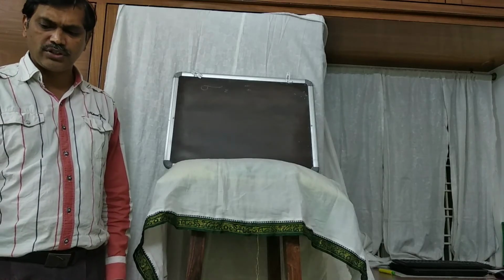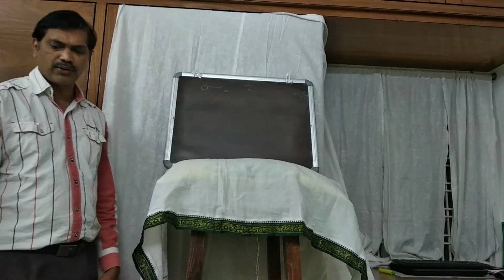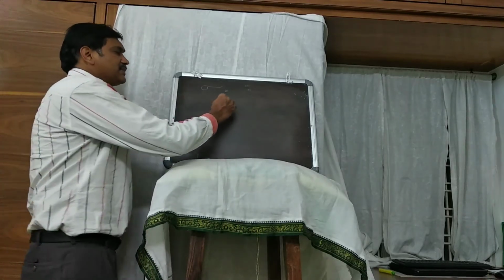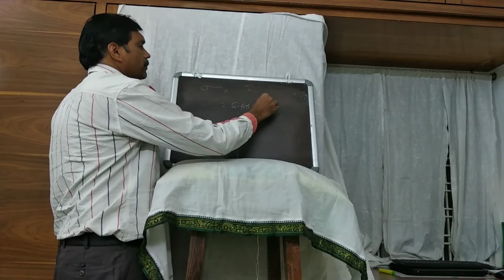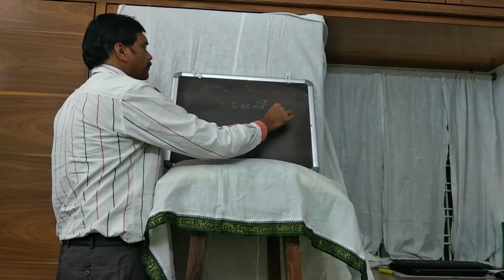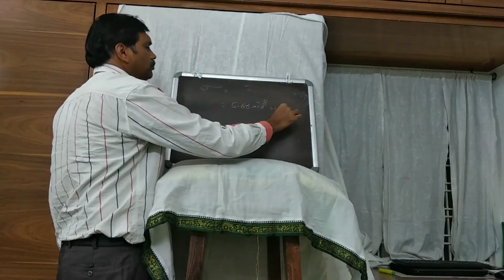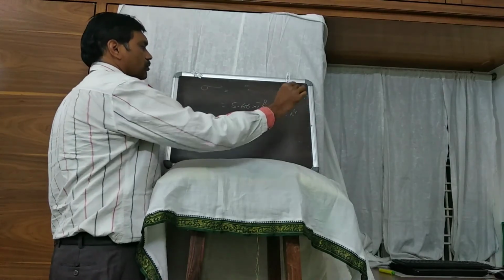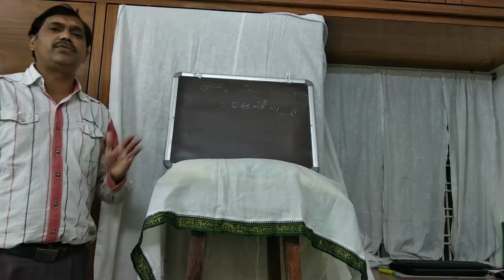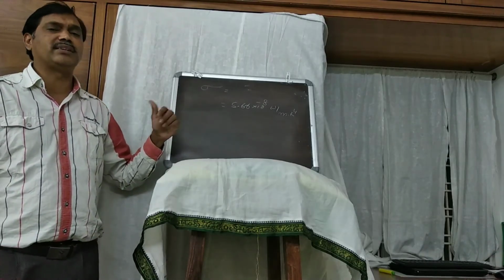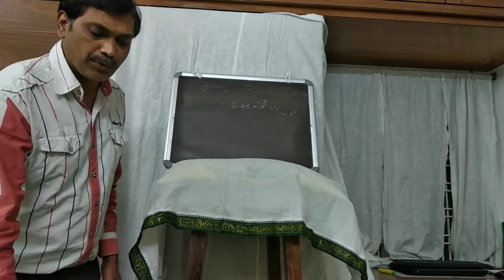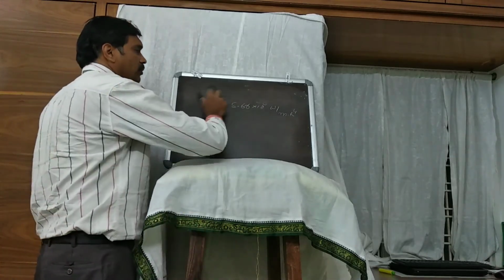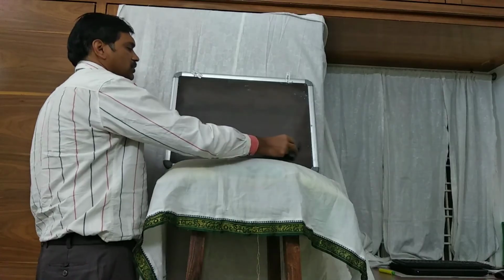What is the value of the Stefan Boltzmann constant? It is 5.667 into 10 power minus 8 watt per meter square Kelvin power 4. That is about the Stefan Boltzmann constant.